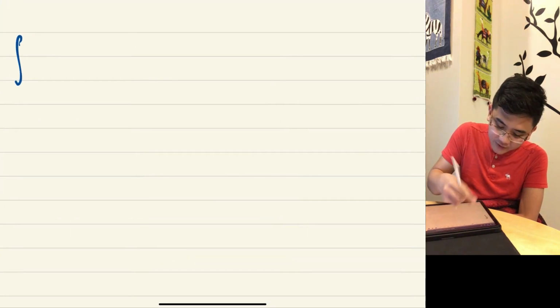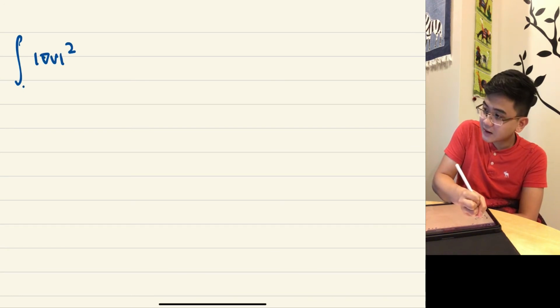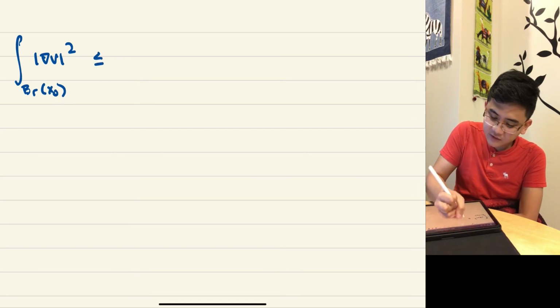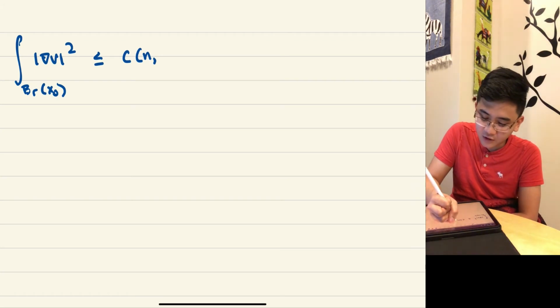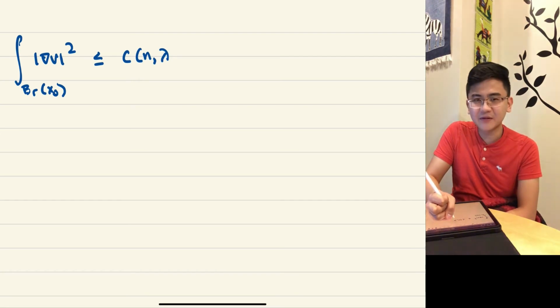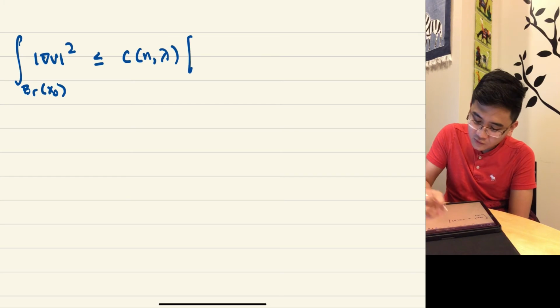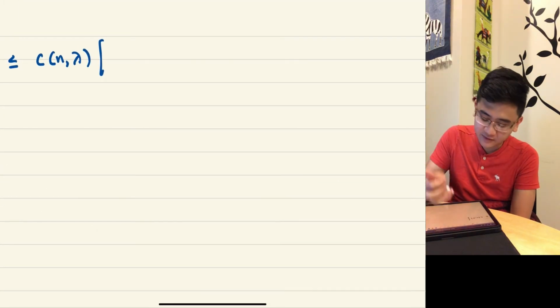the L2 norm of grad V squared on B_R of x0 is less than or equal to some constant dependent on n and the epsilons, which are dependent on lambda, maybe some other things, I'm not sure. That multiplied by, okay, what are the things left on the other side?